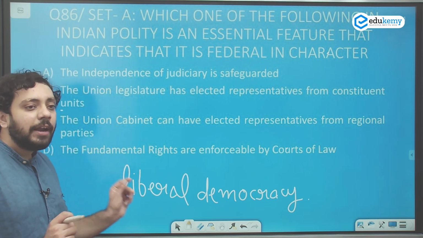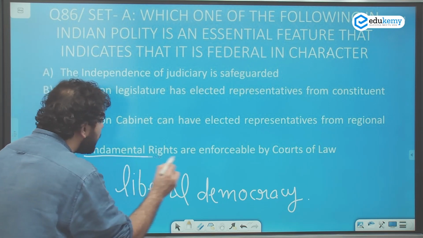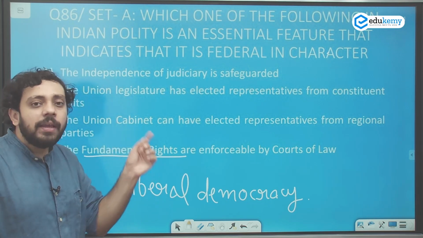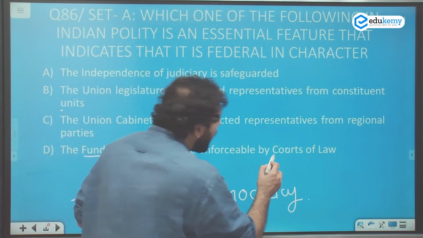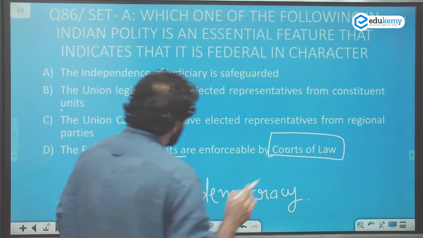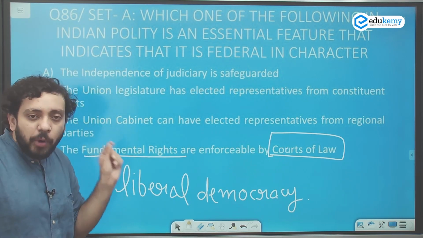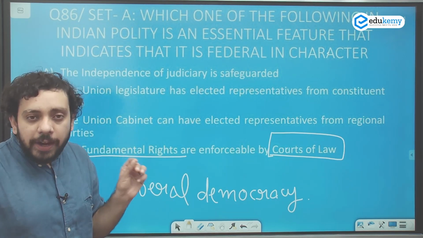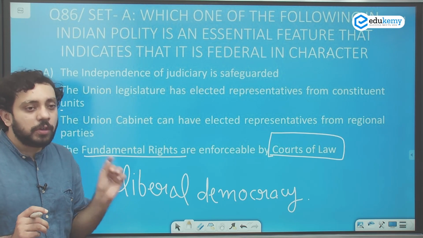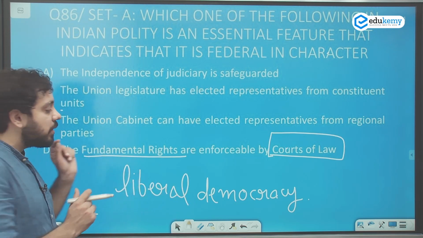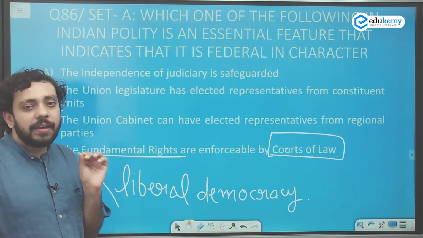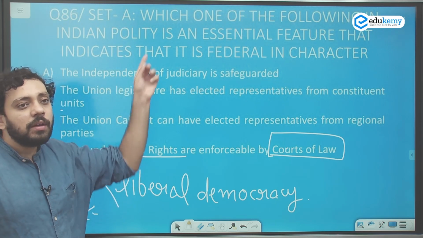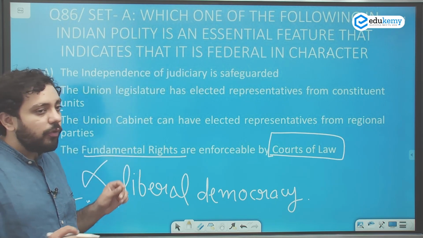And for that kind of a protection, you have fundamental rights which have to be given a kind of a remedy by the courts of law. So this is pointing to the right to constitutional remedies in the Constitution, relates to a liberal democracy, but does not have a very direct relationship with the federal character of a polity.